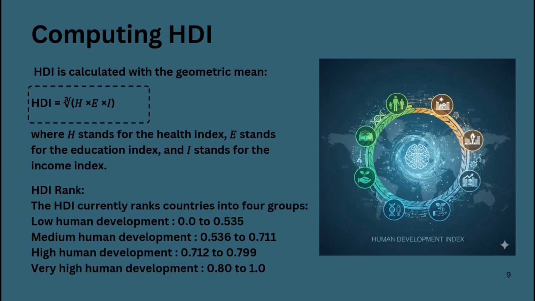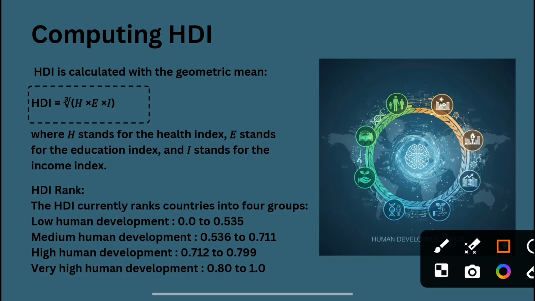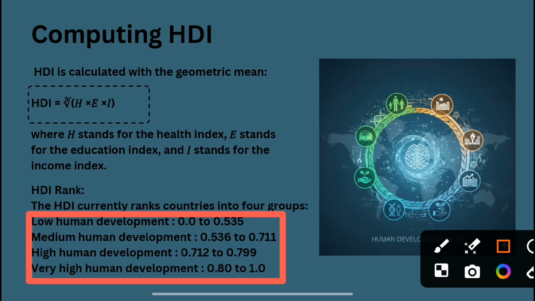After calculating the Human Development Index, we get a score from 0 to 1. We can use this score to rank a country based on their Human Development Index. Here we can see a chart which shows from low to very high human development using the ranking system.